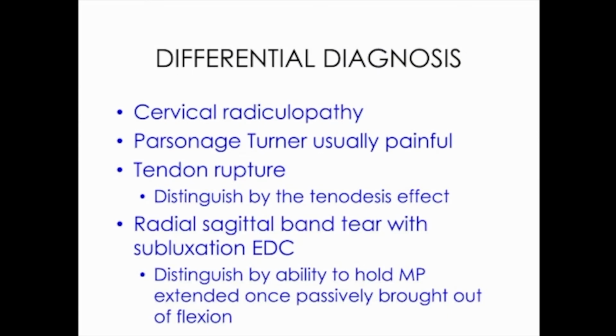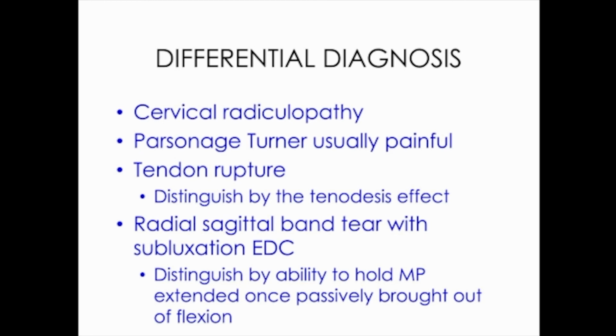The differential diagnosis includes cervical radiculopathy, which usually doesn't result in as specific a deficit as PIN palsy. Parsonage-Turner syndrome is another, but the characteristic symptom at the beginning of presentation is pain, which is not present in PIN palsy.